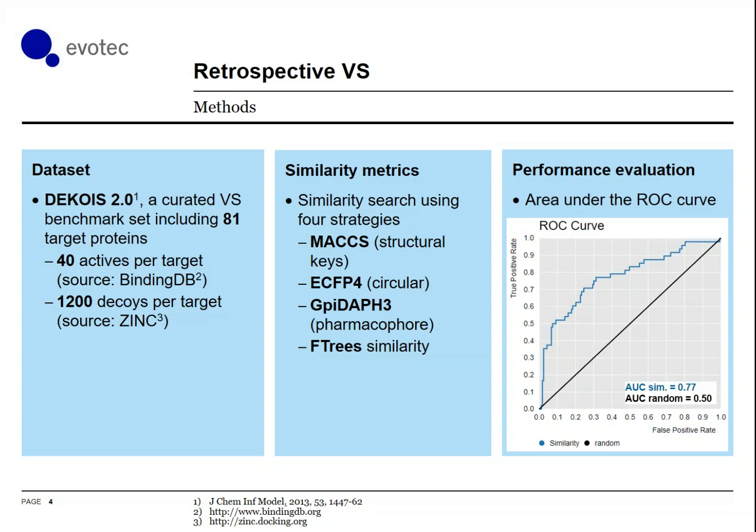As an example, you can see in the figure, in the third panel, a ROC curve, the blue curve, with an area under the curve of about 0.8, so 0.77, and you can compare this with an ideal random selection, the black curve, which gives an area under the curve of 0.5. So in this case, we have a nice enrichment of actives, which gives a high area under the curve.